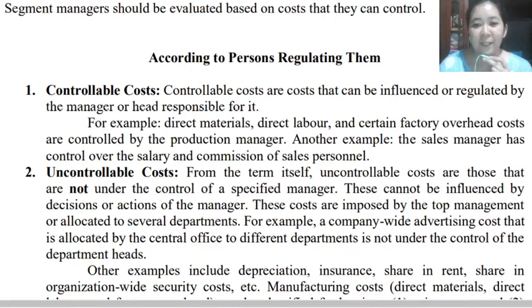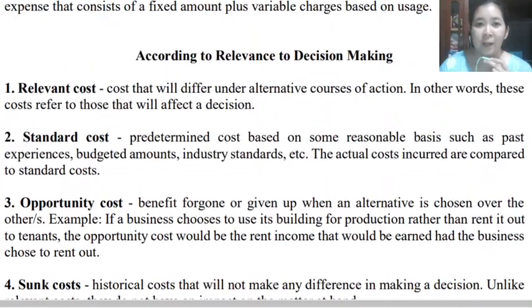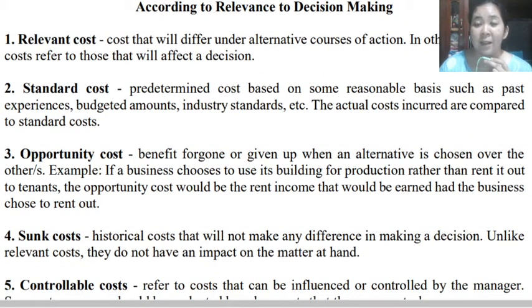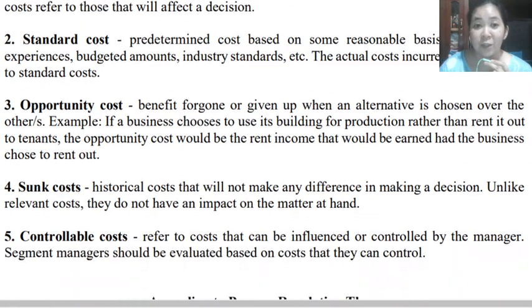Okay, so this next video lecture is the continuation of our module 1, still under the classification of costs. So we will continue with the classification according to the persons regulating them. So controllable costs, actually this was a part of the classification of costs as to its relevance to decision making.